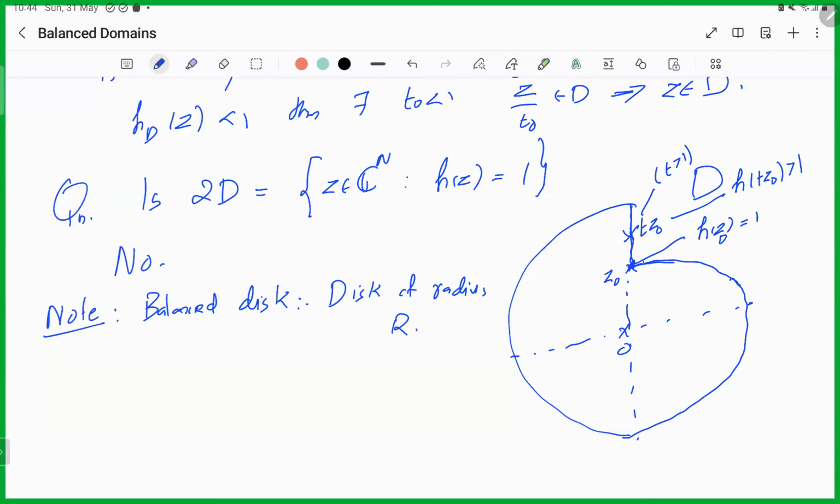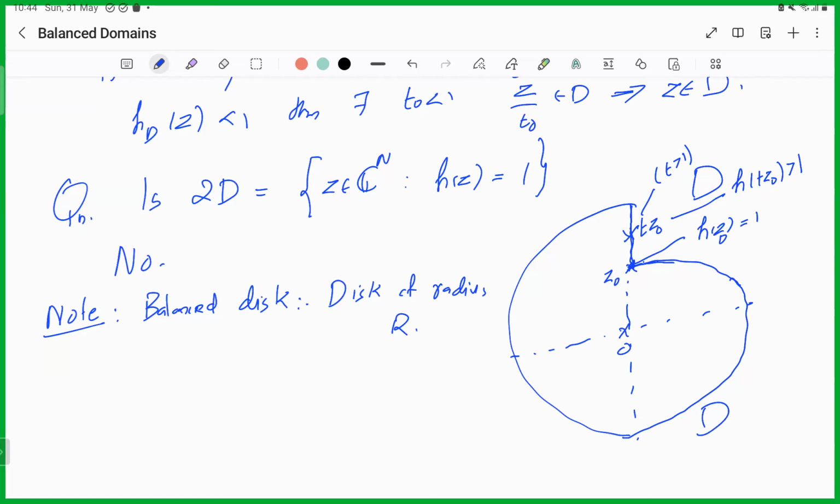So in dimension 1 there is no point in studying balanced domains. We only discuss the disk, as we know. But in several variables, if n is greater than 1, there are many different types of domains. One example is this domain. So the interesting case is higher dimension. Correct.